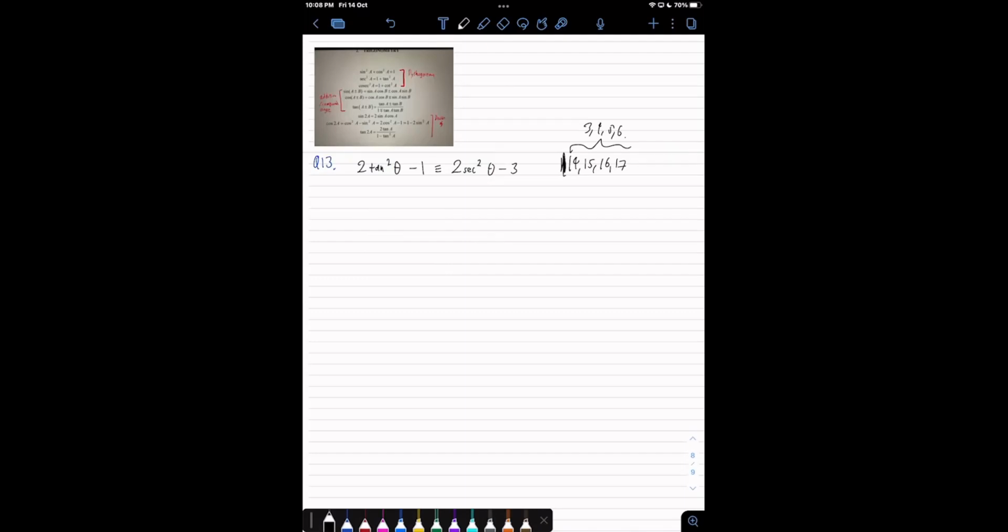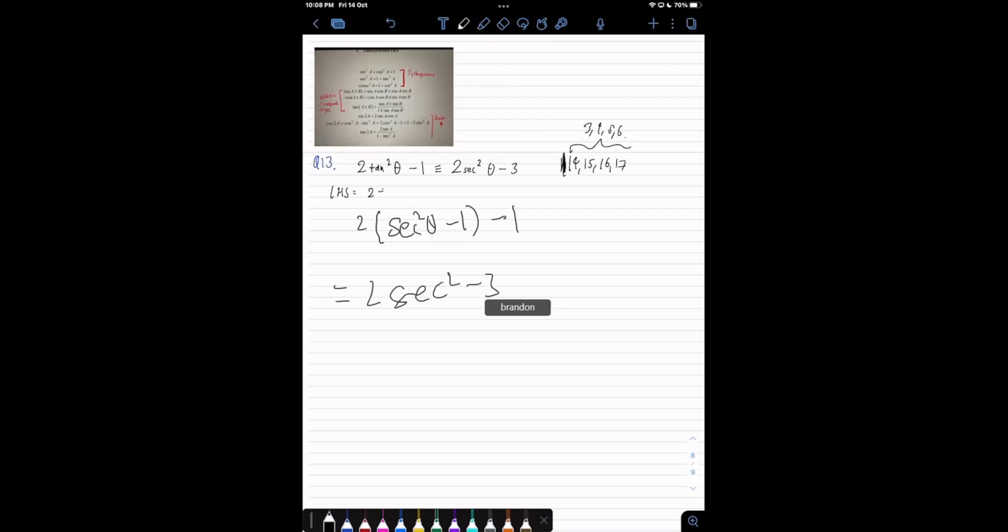Is this the most efficient way? Let me check first. Okay, fine. Change tangent square to secant square minus 1. Oh. Yes.